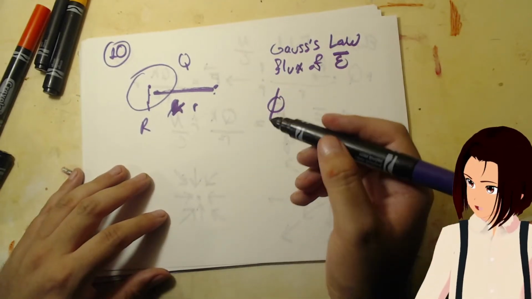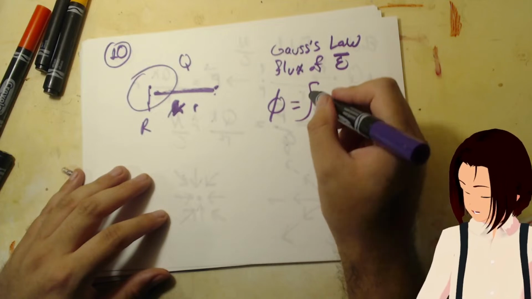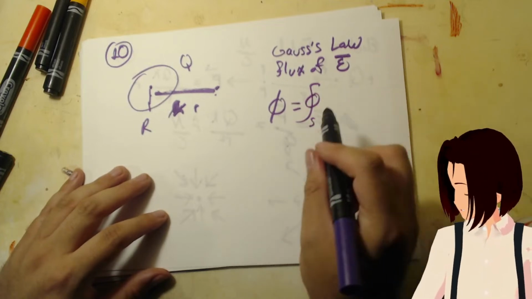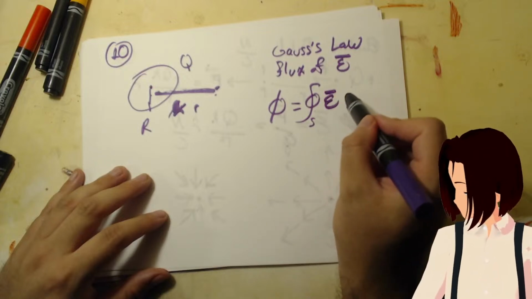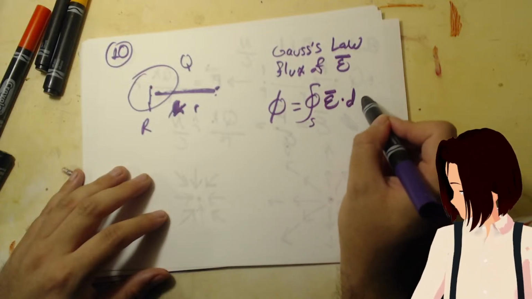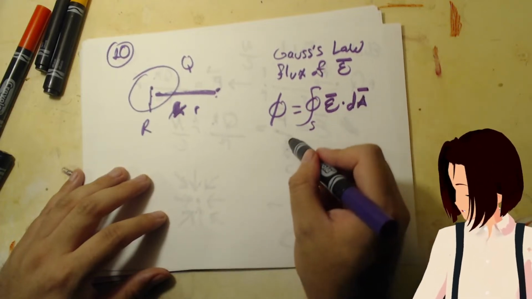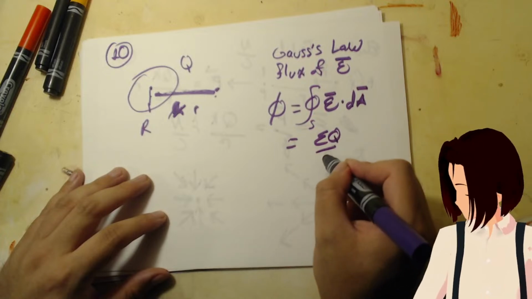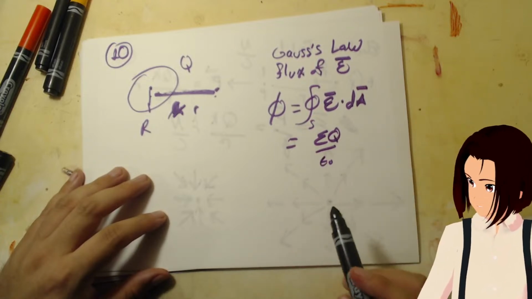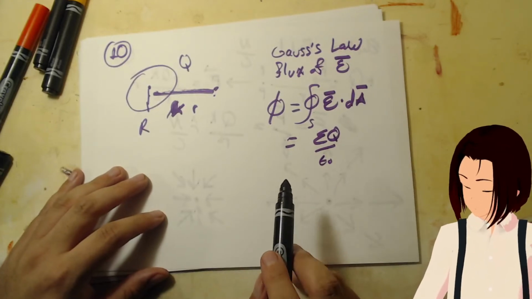That's kind of how we denote it. I'm sure Matthew remembers that. So the closed surface integral, the little circle means it's a closed surface, of the electric field dot product with dA is equal to the sum of all the charge divided by the permittivity of free space. I think that's the permittivity of free space.